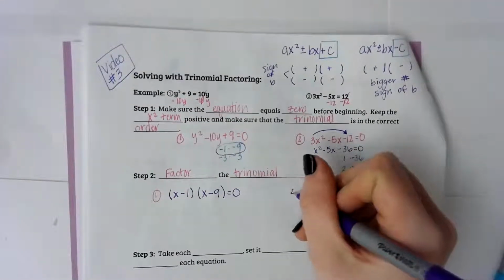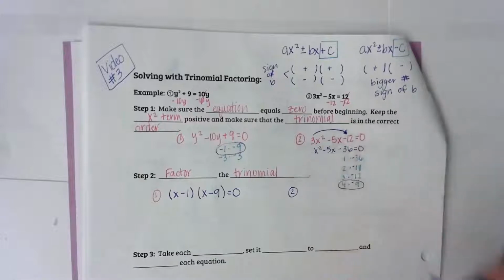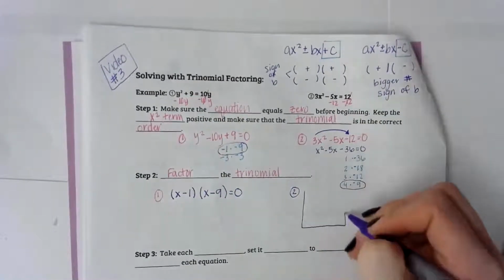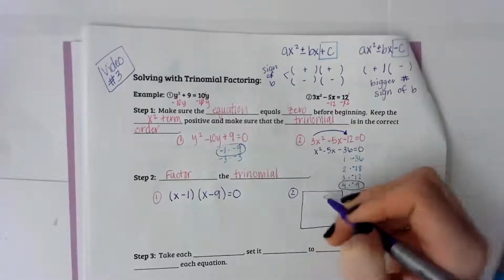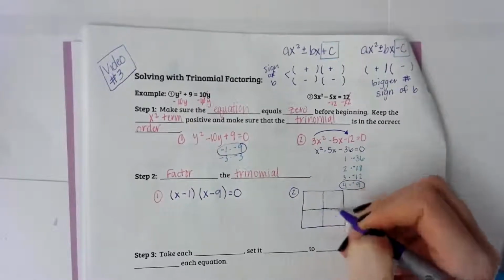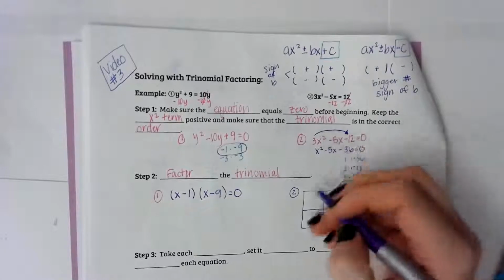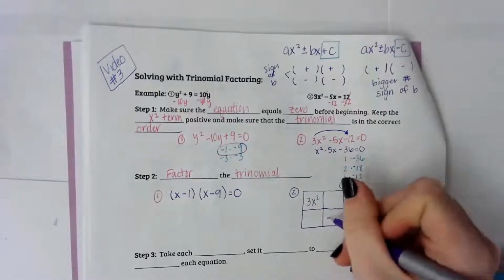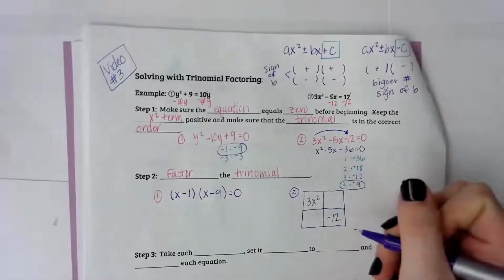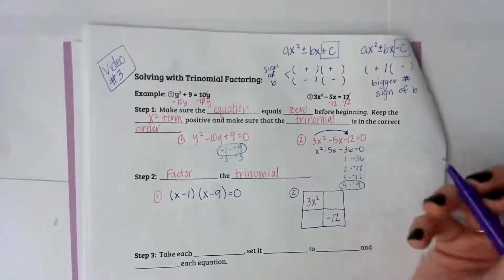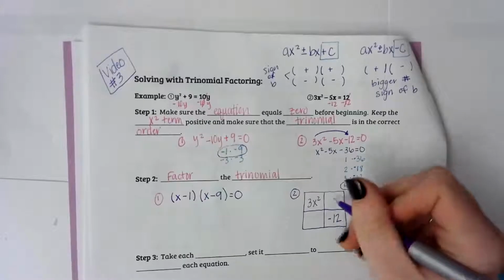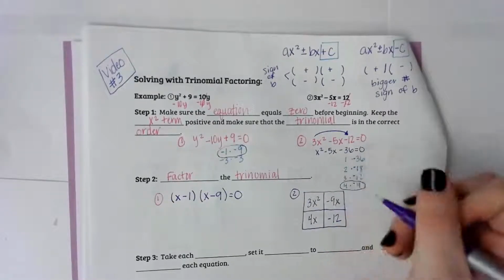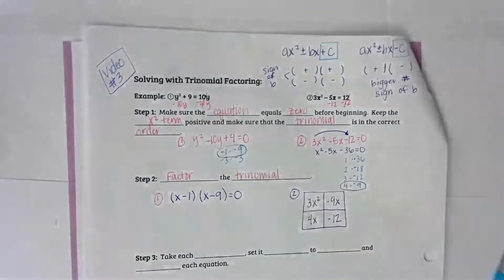So for number 2, we have to use the box. So remember, your original first term goes here, so your 3x squared. Your original last term goes here, so your negative 12. And then it doesn't matter which one goes where. So I'll put the 4x here and the negative 9x here. Again, it doesn't matter.